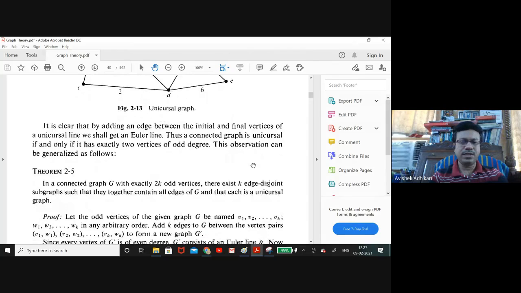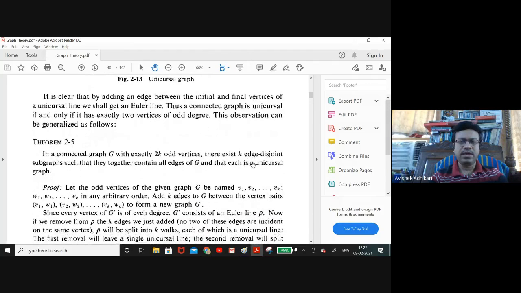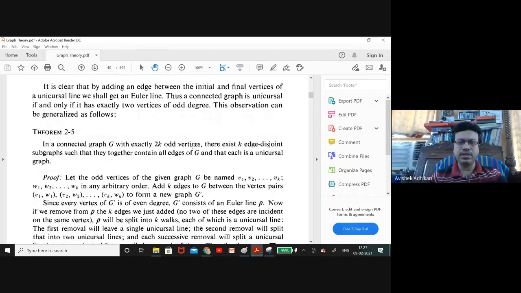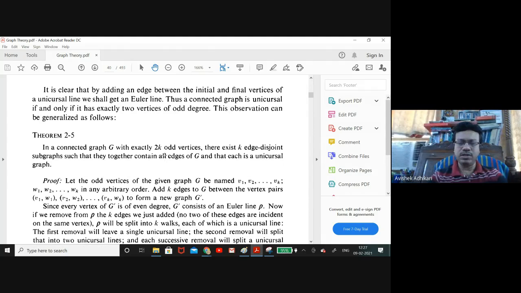Let us now try to have this theorem. This theorem says that in a connected graph G with exactly 2k odd vertices, there exist k edge-disjoint subgraphs such that together they contain all edges of G and each is a unicursal graph. So what is the meaning of unicursal graph?